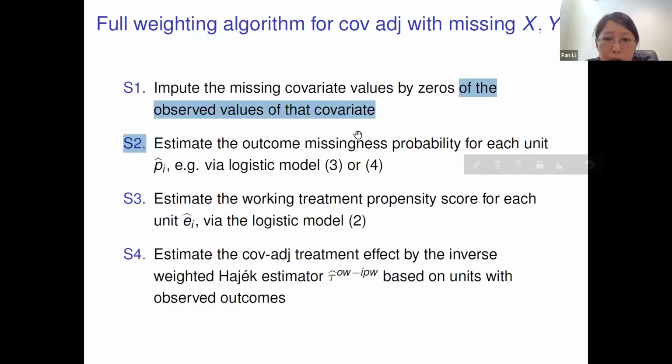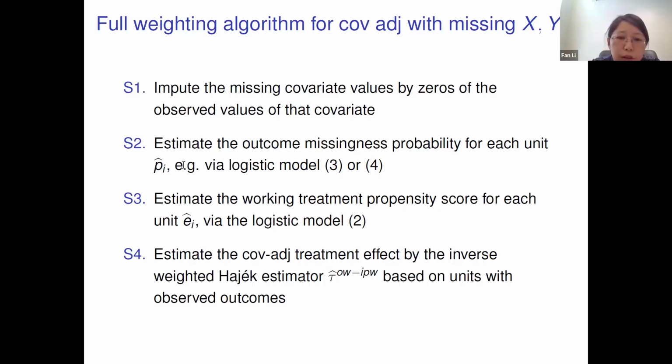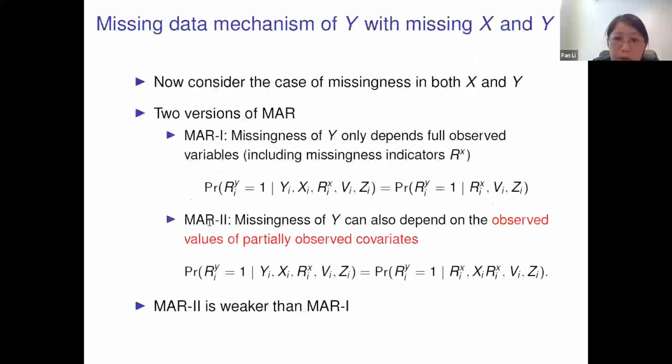Then we estimate the outcome missingness probability for each unit, depending on the MAR assumption you make, using the imputed covariate data and a logistic model. And then you also need to estimate the working treatment propensity score for each unit, using the logistic model I mentioned earlier.